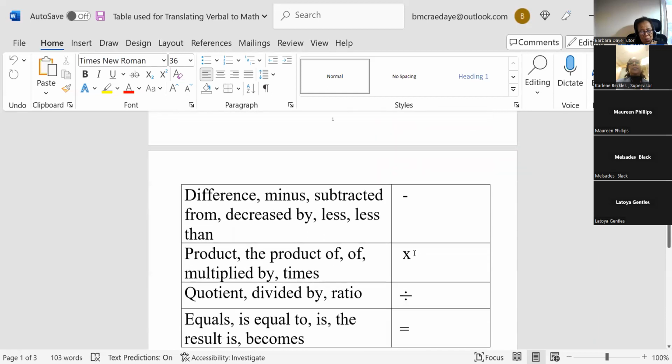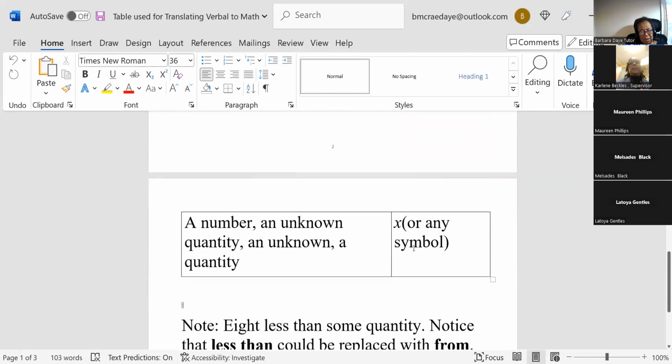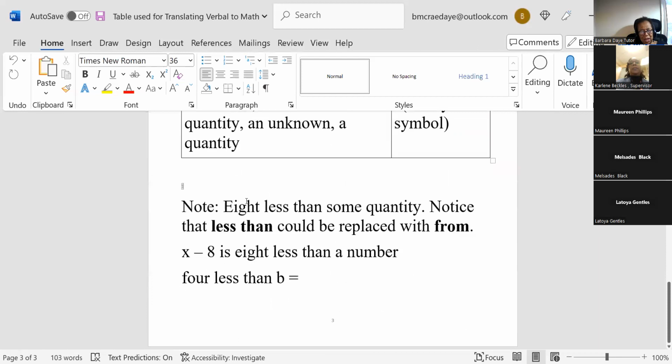And what I was giving you, one that's commonly mistaken, is when you say a number less than some number, like x minus 8 means 8 subtracted from the number x. And I said 4 less than b, and I asked you, what would I write?